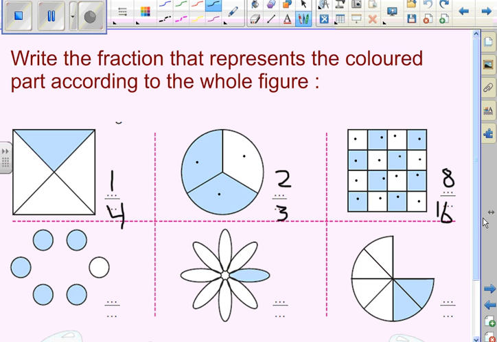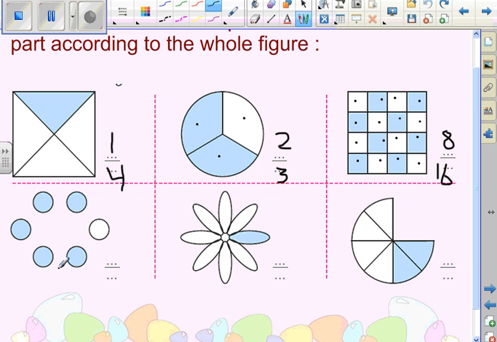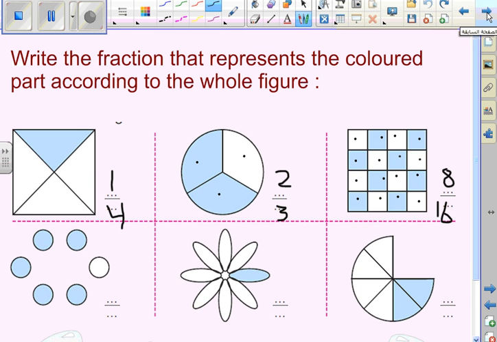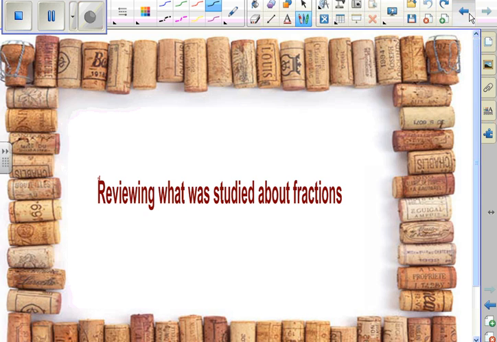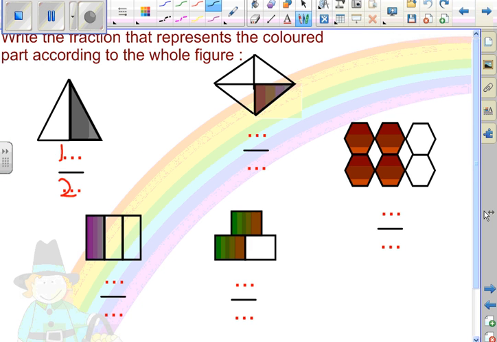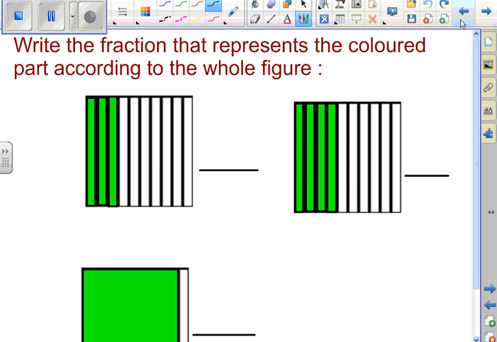After downloading the presentation, please answer these points. Let's move to the next page. Here, write the fraction that represents the colored part according to the whole figure. As we said, to write the fraction of the colored part, write the number of the colored parts over the number of all parts. Okay? Let's move to the next page.